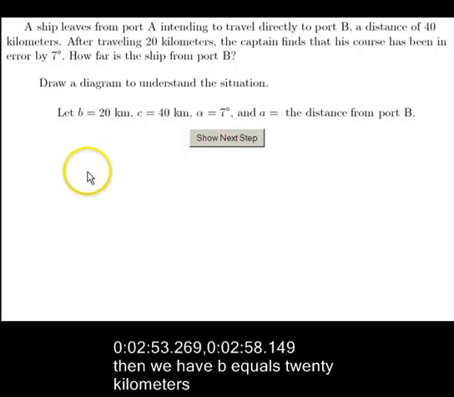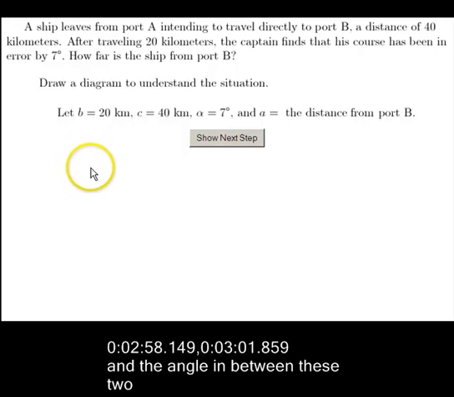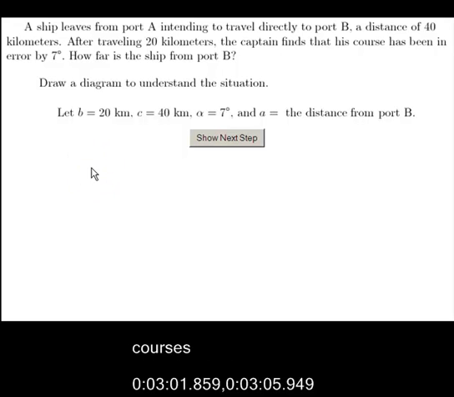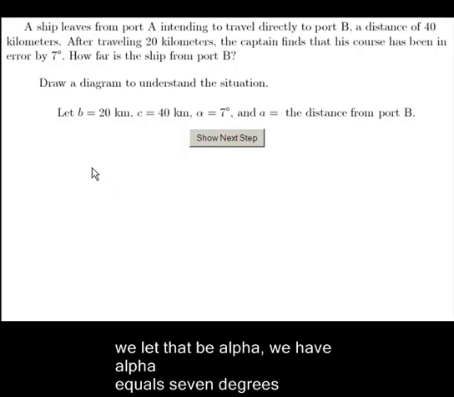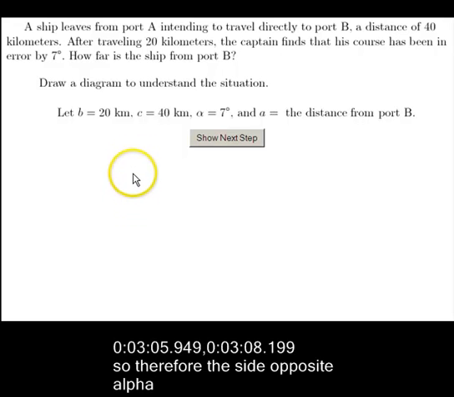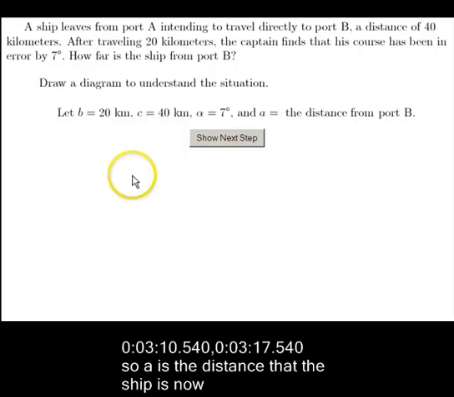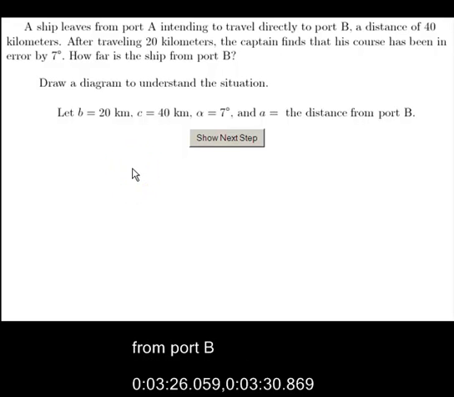And the angle in between these two courses, if we let that be alpha, we have alpha equals 7 degrees. So therefore the side opposite alpha will be A. So A is the distance that the ship is now from port B.